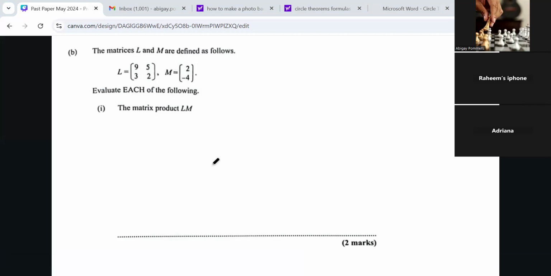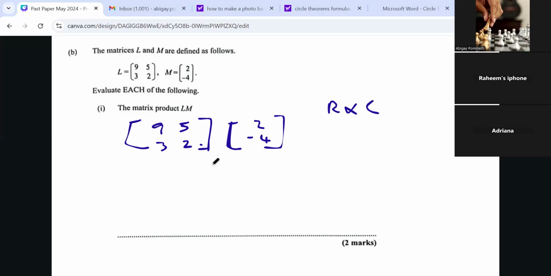Evaluate each of the following, the matrix product LM. So you're going to multiply the two matrices, and we know that it is row times column.